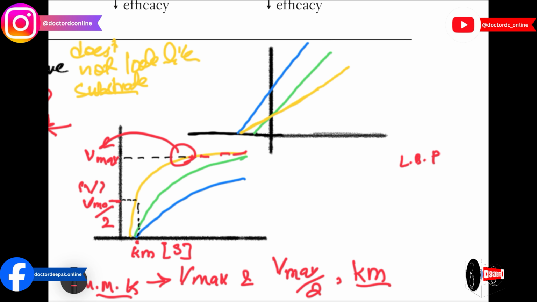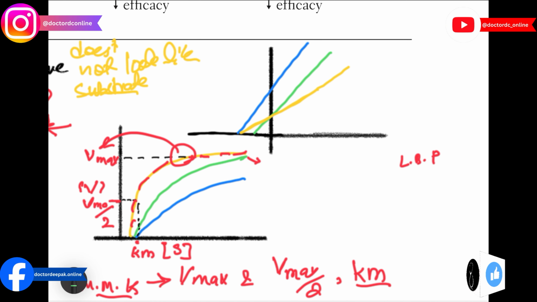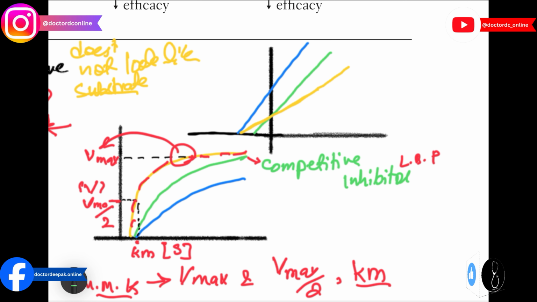This one is a normal hyperbolic curve, but this one is a competitive inhibitor. In competitive inhibitors there are two types, reversible and irreversible, but now we are only studying the reversible.